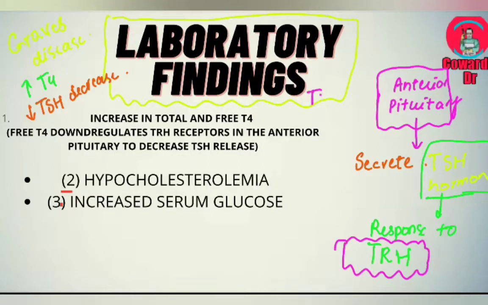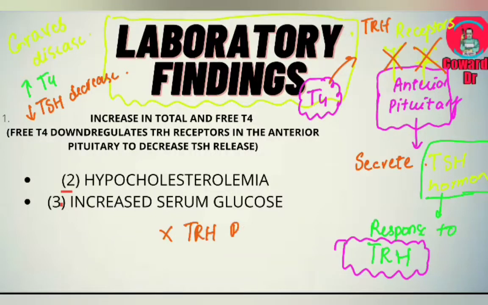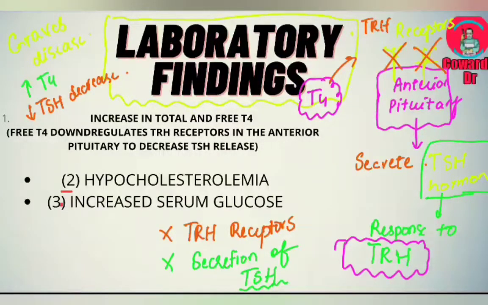So what will happen is that here TRH receptors are present. This T4 will downregulate these TRH receptors. So if there are no TRH receptors, there will be no secretion of TSH hormone. Point 2 is hypocholesterolemia, and the third is increased serum glucose. These points we have already discussed.